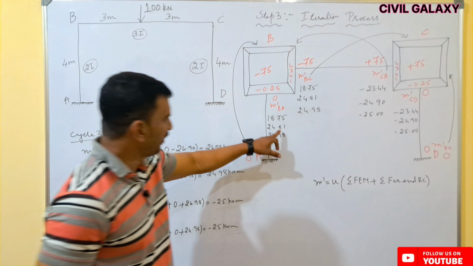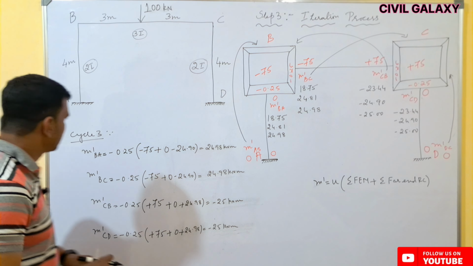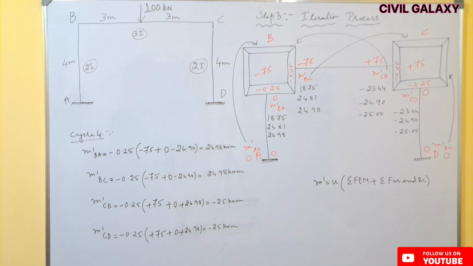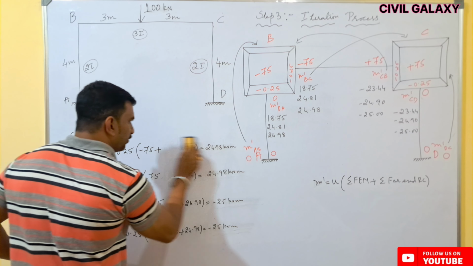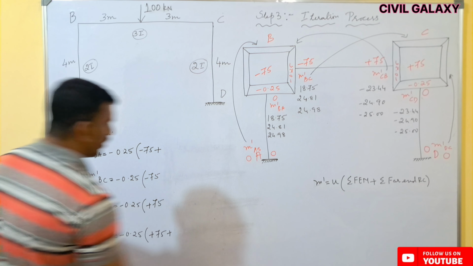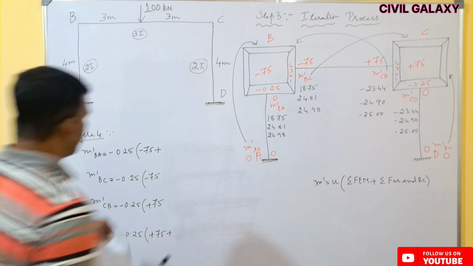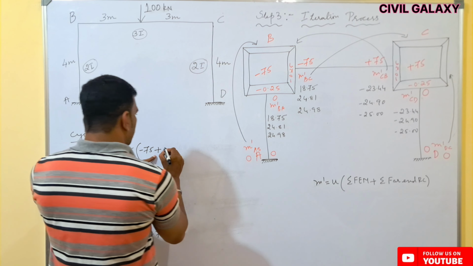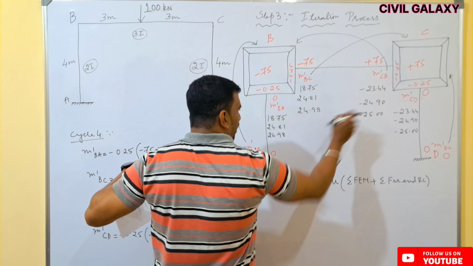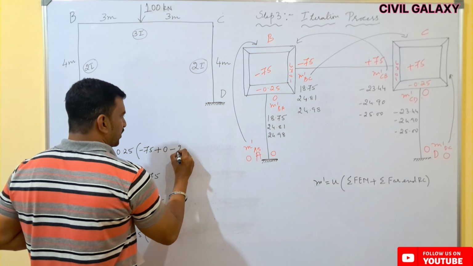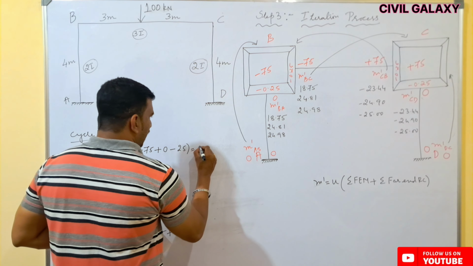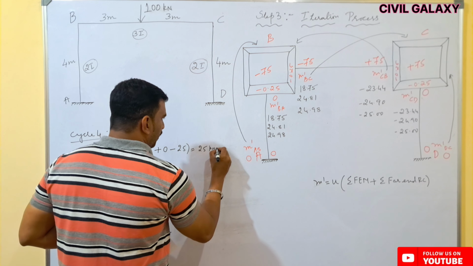See, almost the values are similar over here. Maybe in the next cycle, that is the fourth cycle, we are going to get a similar value. So going for the fourth cycle, see here, here it is 0, the far end rotation contributions, minus the new iteration value here, which is minus 25, which is equal to, we are having a value of 25 kilonewton meters.